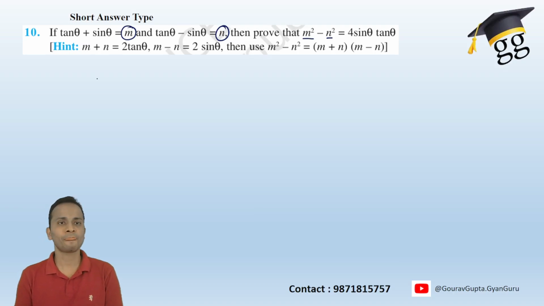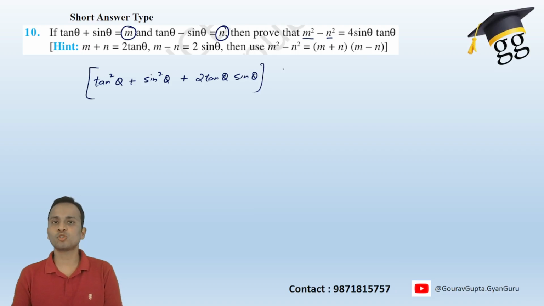So let's write m square first. So m square will be a plus b whole square. Okay, so tan square theta plus sine square theta plus 2 tan theta sine theta. Okay, so this is m square minus n square.